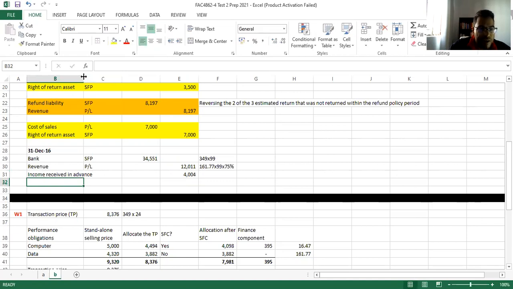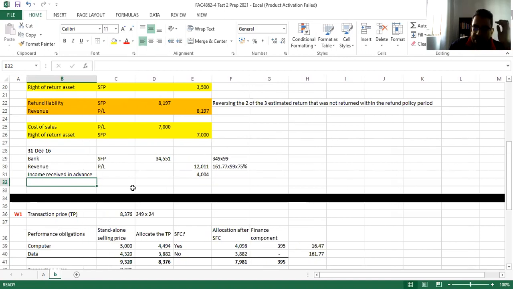Let me just explain this. At 31 December 2016, we received money of 349. Of the 349, 162 relates to data, and the difference relates to the computers.